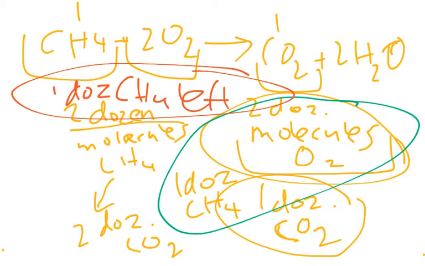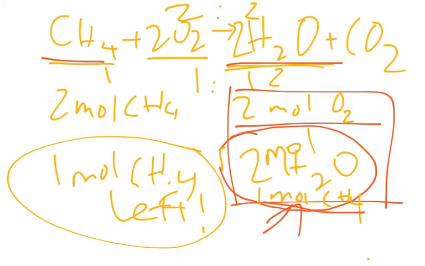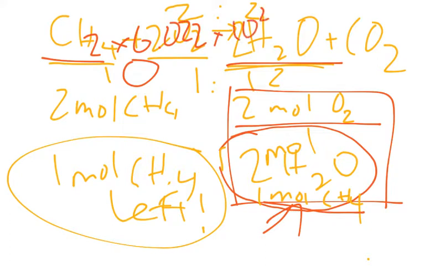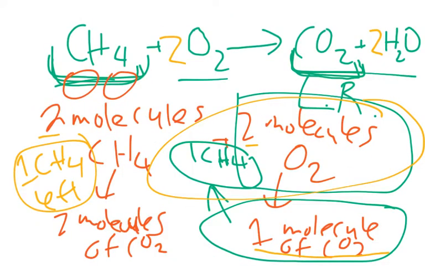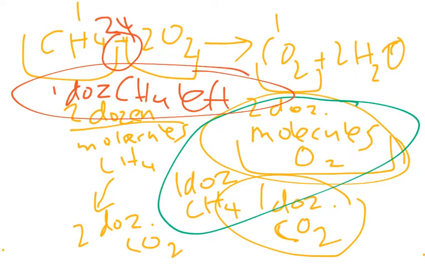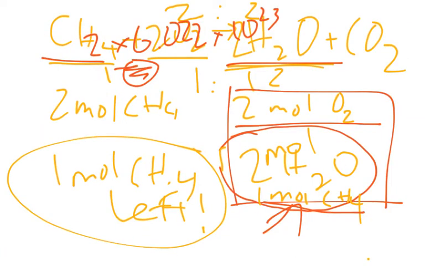So 2 dozen would be like 24 of these circles, and then we scaled it up even higher to 2 moles of the stuff, and 2 moles is 2 times 6.022 times 10 to the 23rd molecules. So think of the circle as a molecule, and you kind of realize these are just scaled up versions of each other, and yet they all still work the same way.